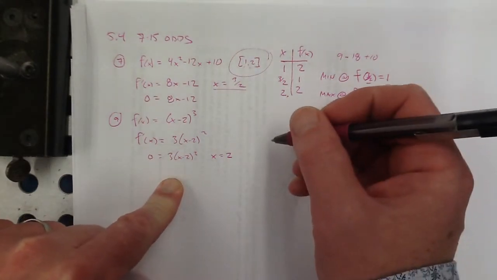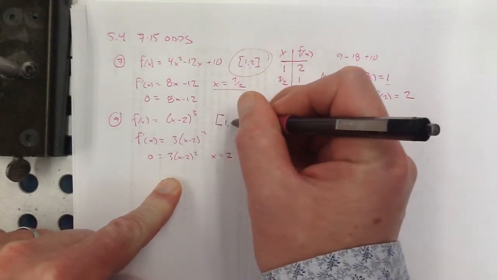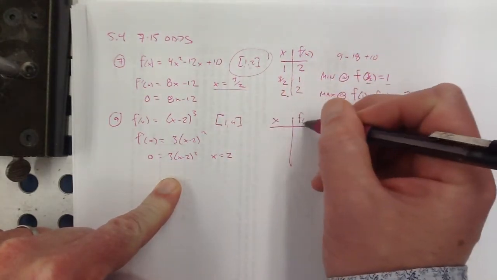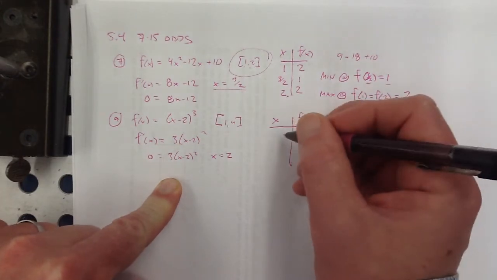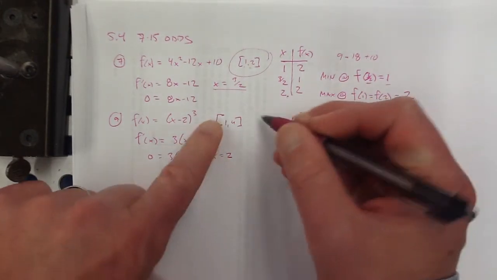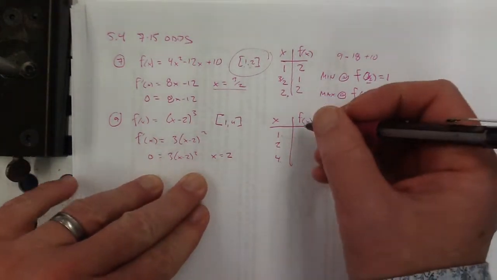And so what's my interval here? 1 to 4. Okay, so my x's and my f of x's. And I've got my 1, my 2, and my 4. There's my endpoints of my interval, and then my interior point.